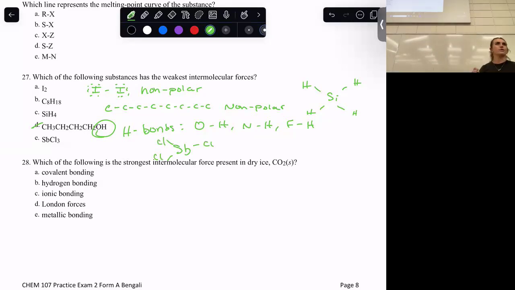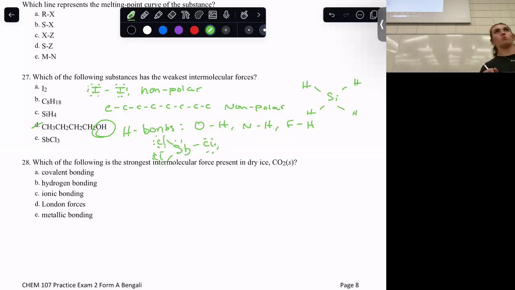I don't know if there's lone pairs on this or not. But I don't even know where Sb is on the periodic table. Sb is 3, 5, 26. Okay, yep.